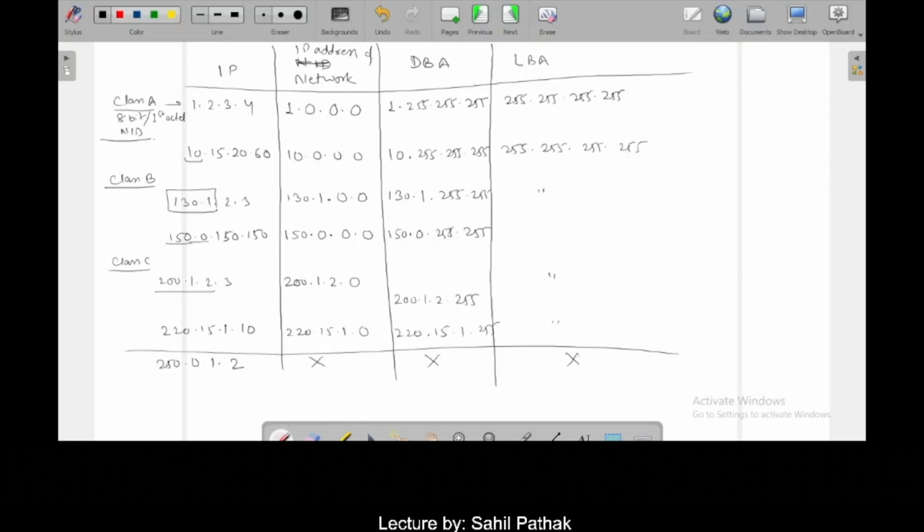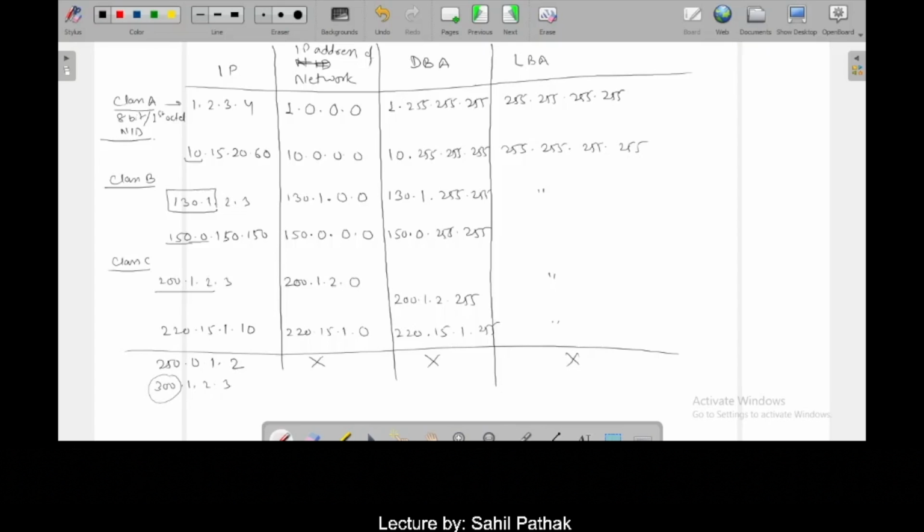Similarly, let's say one more example, 300.1.2.3. In this case, you can see that this is not even a valid IP address, because the maximum value possible in one octet is 255.